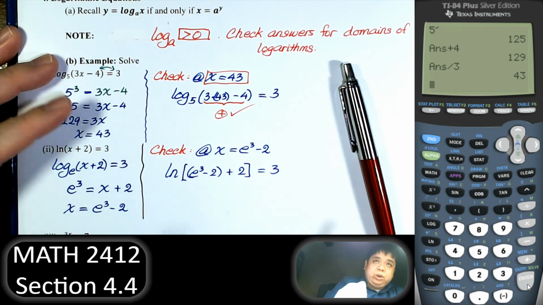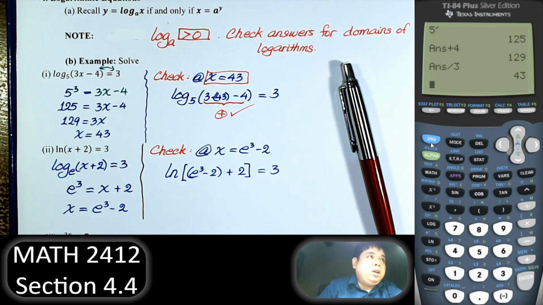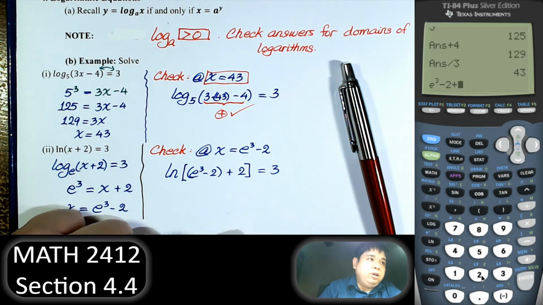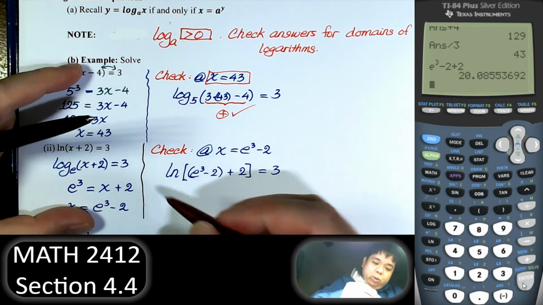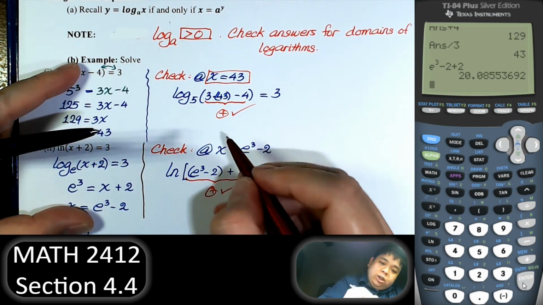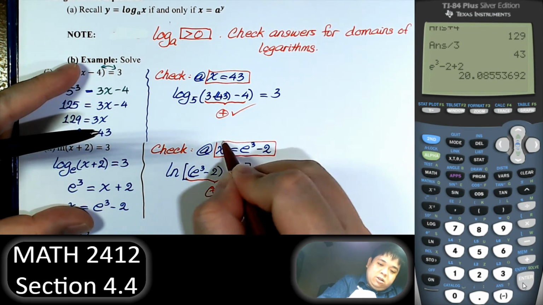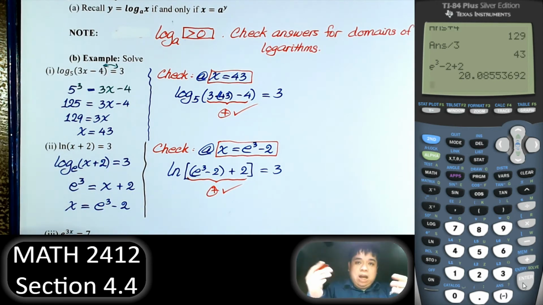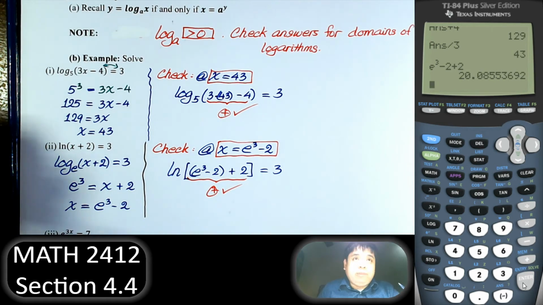Is that equal to 3? So we will have e cubed minus 2 and then plus 2. So here we have inside the log is positive, so that's good. So that means the answer is good because that makes the function defined.